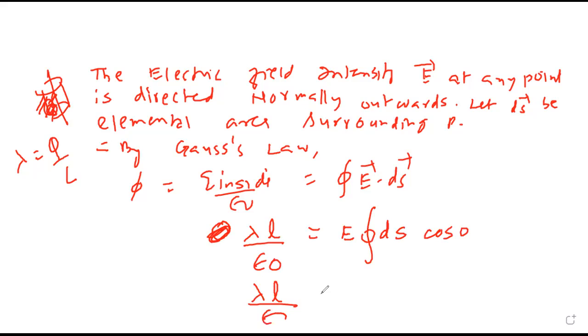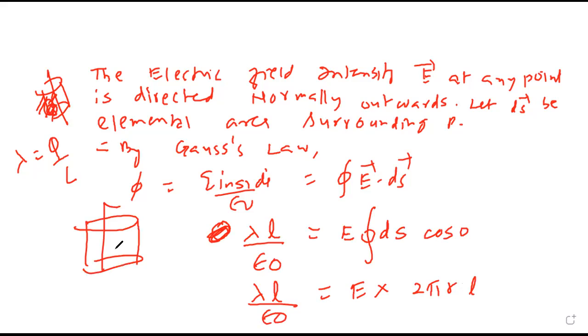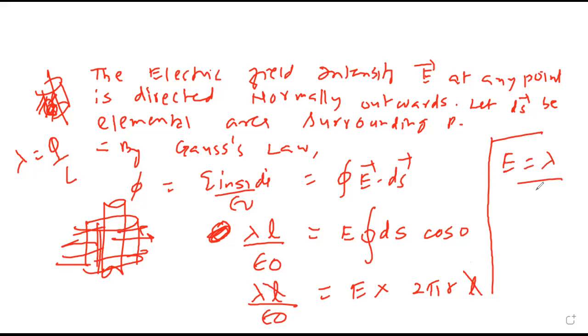Lambda L upon epsilon naught equals E into the Gaussian cylinder's curved surface area, which is 2 pi r L, through which the field will pass. See, this is the Gaussian cylinder, so field will come like this outside. These are only curved surface area. L you can cancel. So we get E equals to lambda upon 2 pi r epsilon naught. Now copy till end.